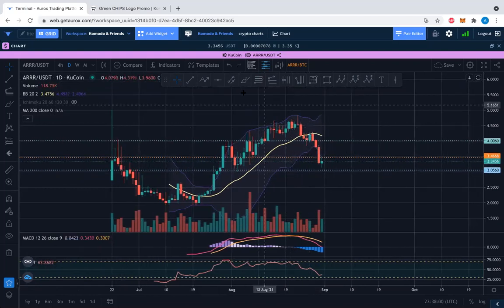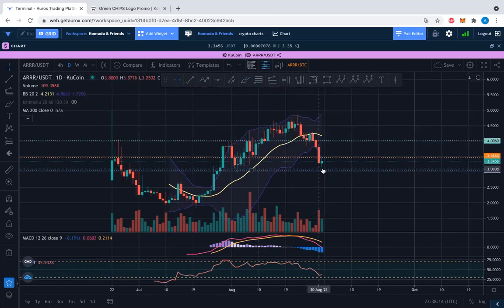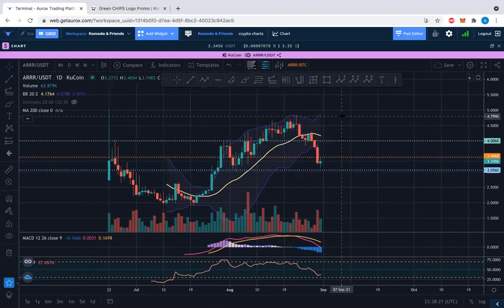Look how long it took us to get from here, all this move up, and then we got rid of that price action much faster, in much less time. You see what I'm saying? That tells us maybe we are cleared out or nearing the clearing out. I really hope we're not going down to the $2 level, but that would signify a much bigger market scenario.